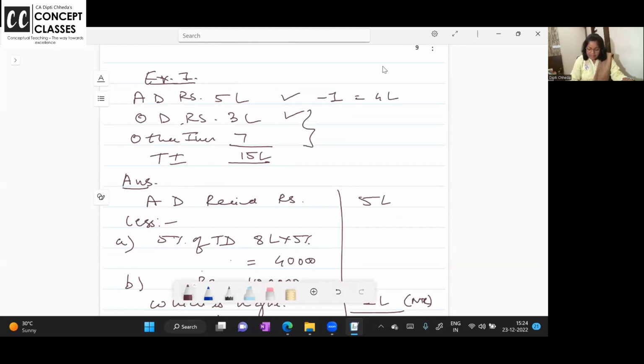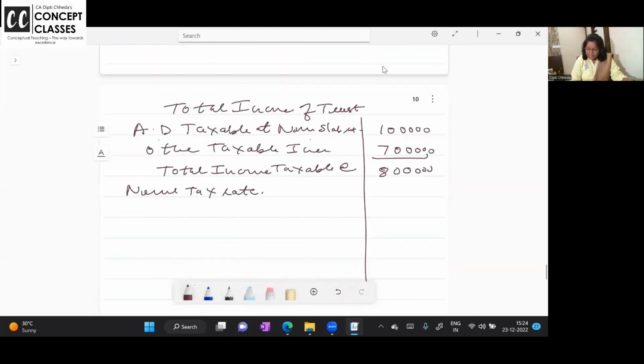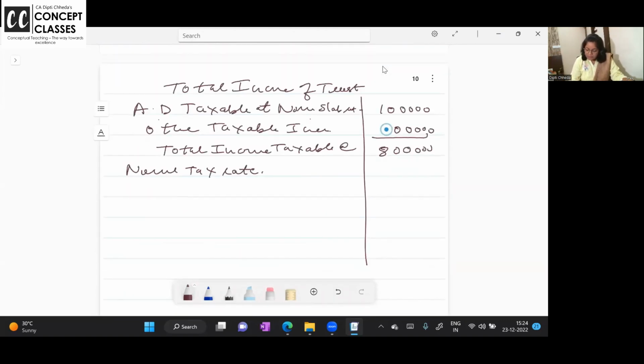And other income is not 7 lakh, it is 10 lakhs. I missed out. So your other income is 10 lakh. Other donations are there, maybe voluntary donations, and other income from property is also there. So total normal income is 11 lakhs.